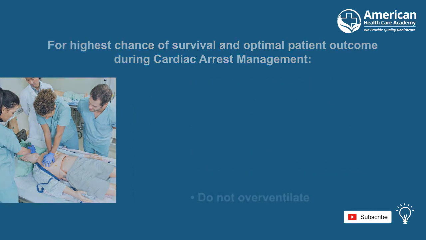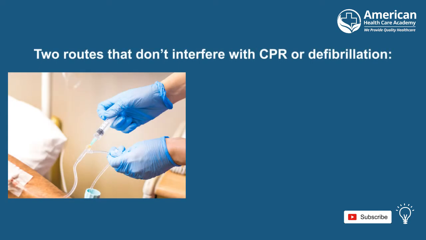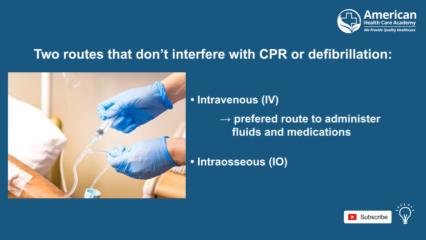Keep in mind that there are 2 routes of drug administration which are effective and will not interfere with high-quality CPR and defibrillation. These routes are intravenous, or IV, and intraosseous, or IO, access. The IV route is the most approved route when it comes to administering fluids and medications in patients.